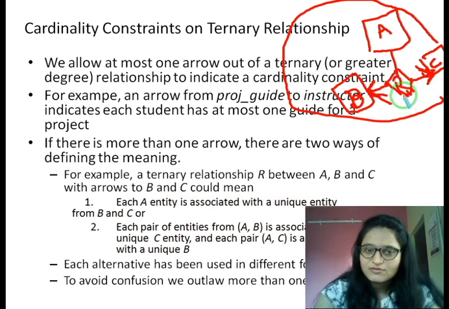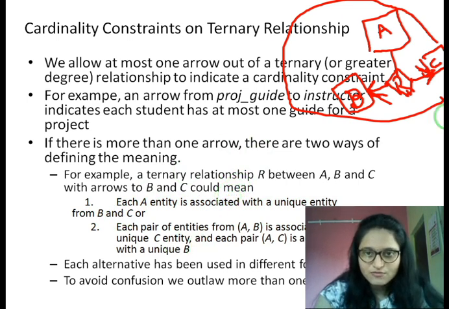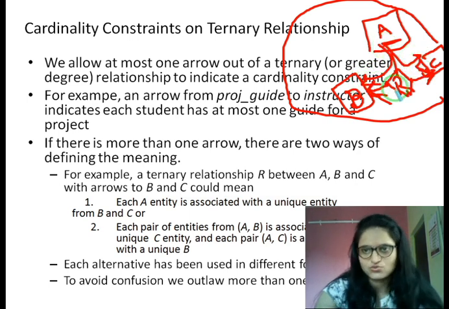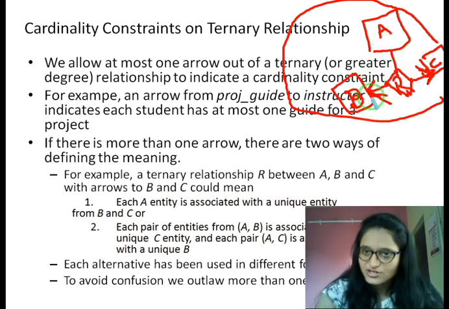It could mean, first, that each A entity is associated with a unique entity from B and C. One conclusion drawn from this is that each entity in A gets associated with a unique entity in B and also in C. So this is the first conclusion.